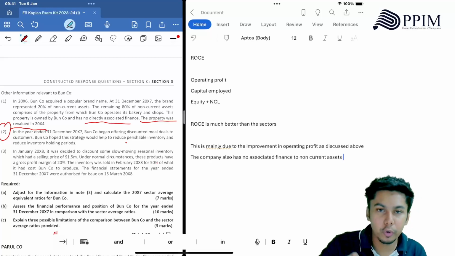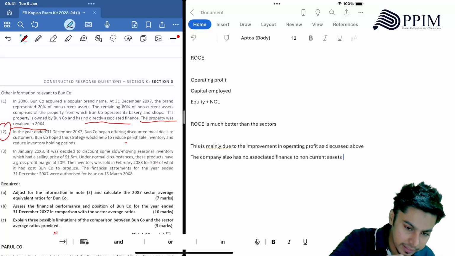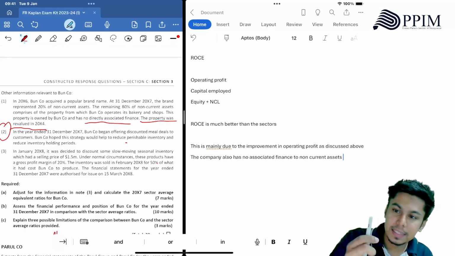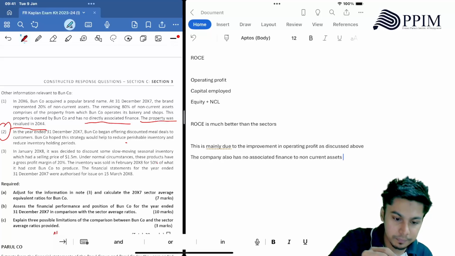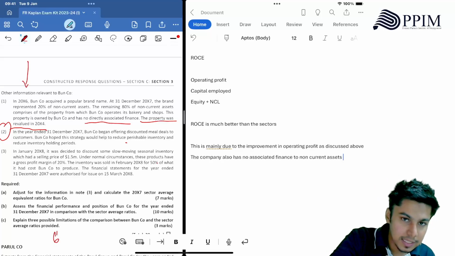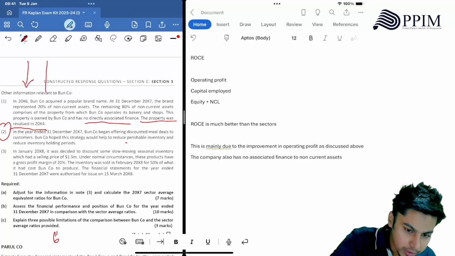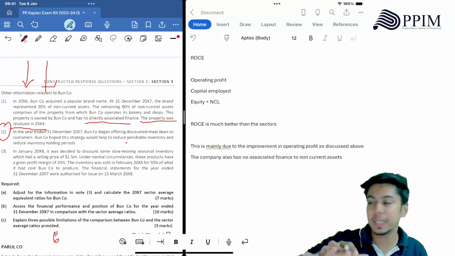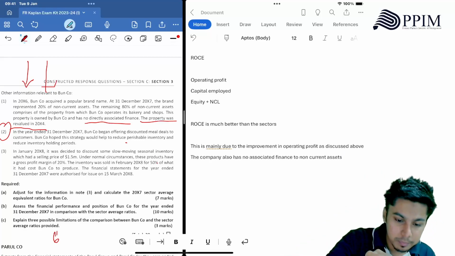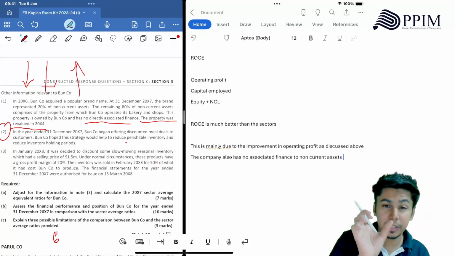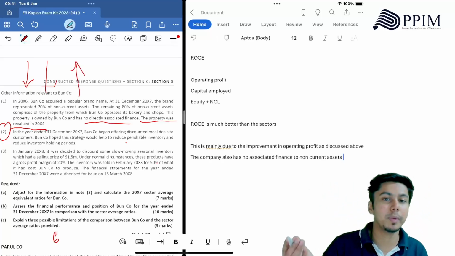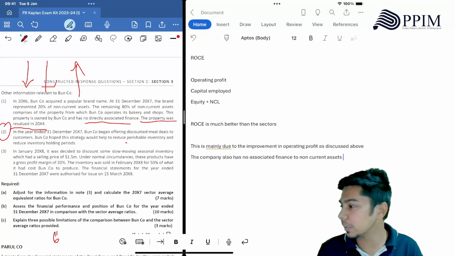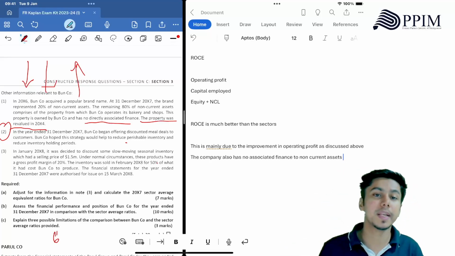If they have no associated finance, their debt levels are low. If debt levels are low, capital employed is low. If capital employed is low, our denominator is small, so the ratio will be better. That's another reason why their ROCE is better than the sector.